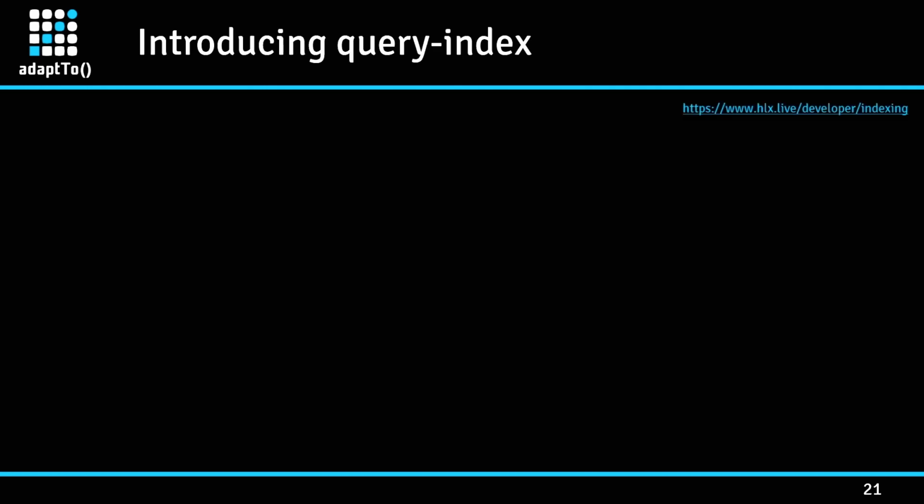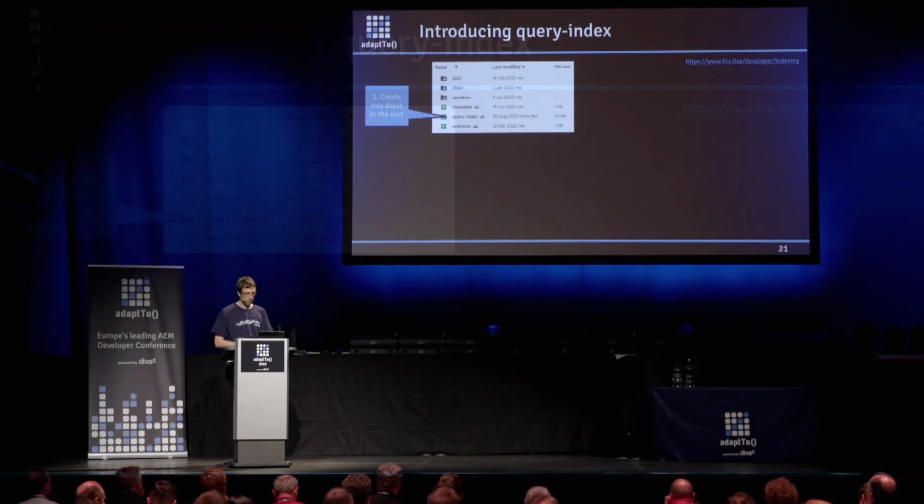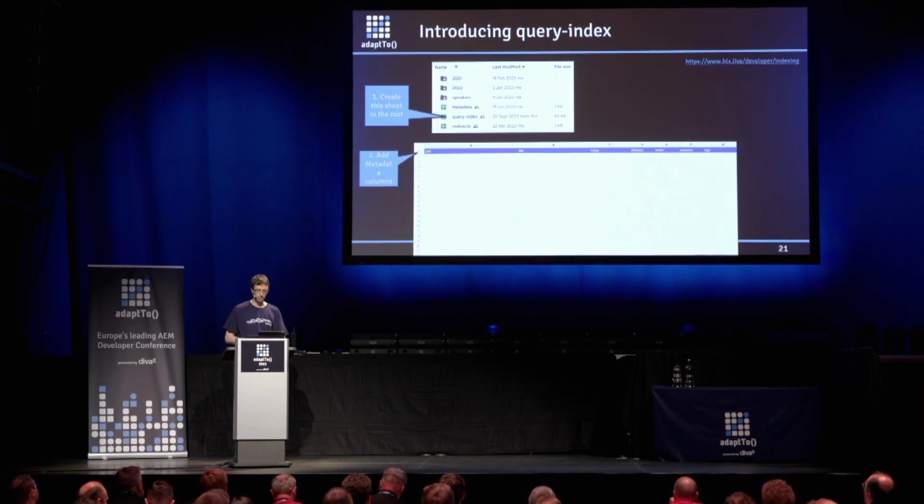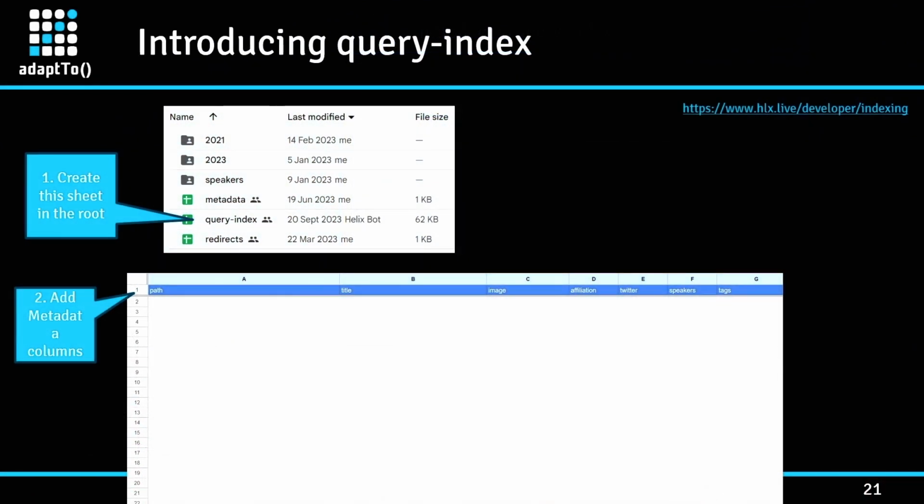Yeah, there's a very cool feature already mentioned by Markus called query index. How is this working? First, you create a new sheet called query index in the root of your document storage. Then you add a couple of columns to it, which signify which information you want to collect from all documents in your site.